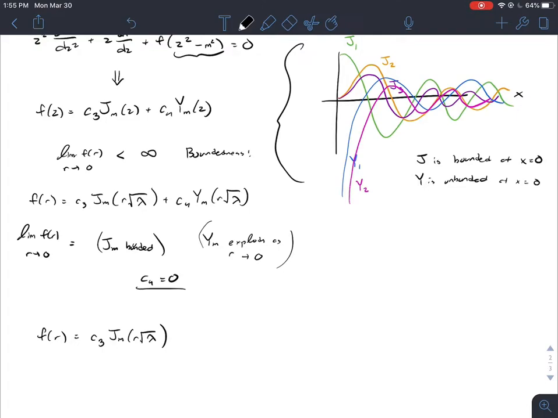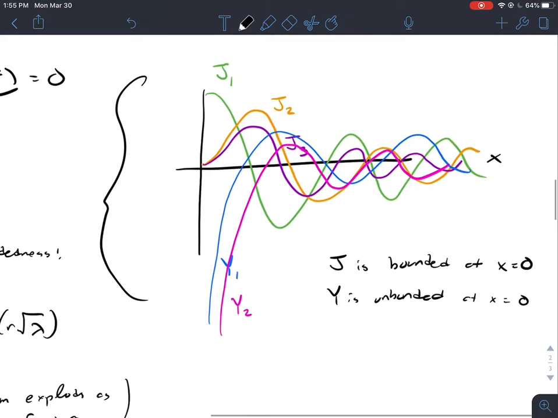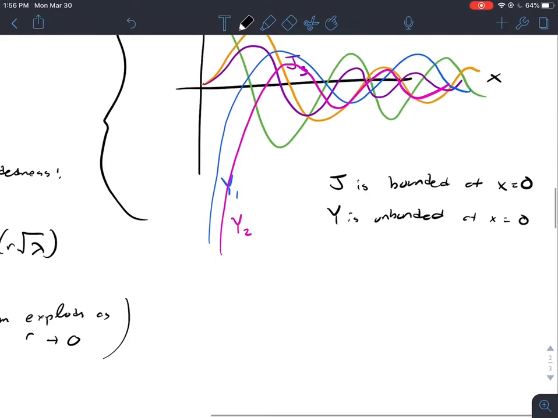A quick thing to make sure you understand this: if we were doing this problem outside the circle, we would keep both the J_m and Y_m terms, because we do not contain the singularity anymore. If we were doing an annulus problem, remember that the annulus does not contain the center of the circle.